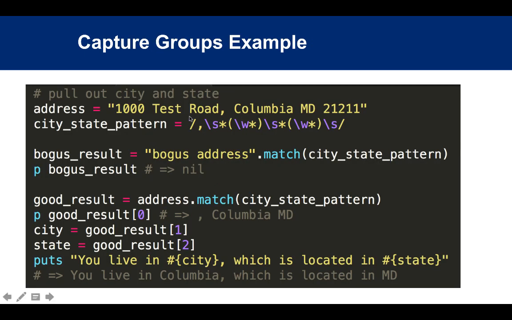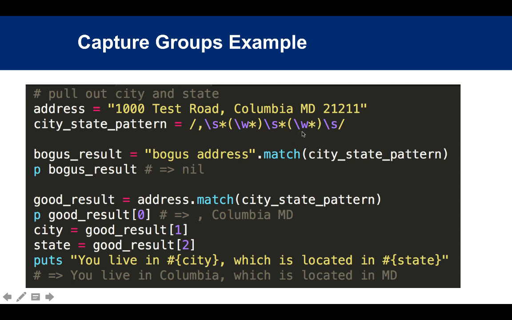So for example, you have an address, 1000 Test Road, Columbia, Maryland, 21211, some kind of a fake address. And your city-state pattern is comma followed by many spaces, and then you have the word followed by another space, and then another word followed by another space.